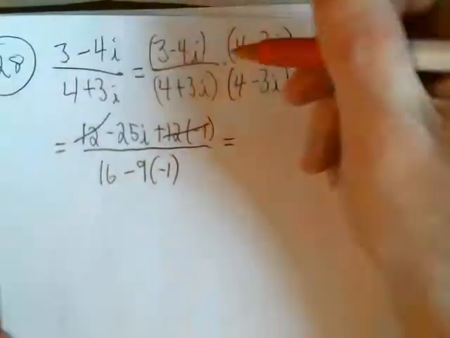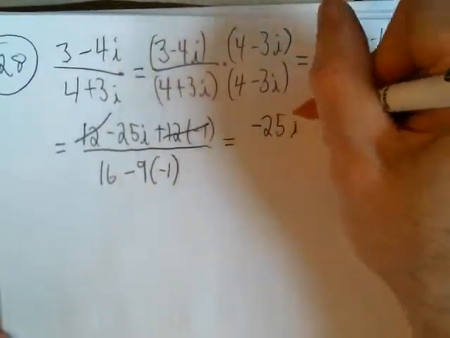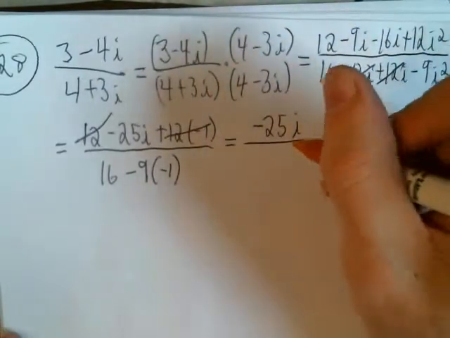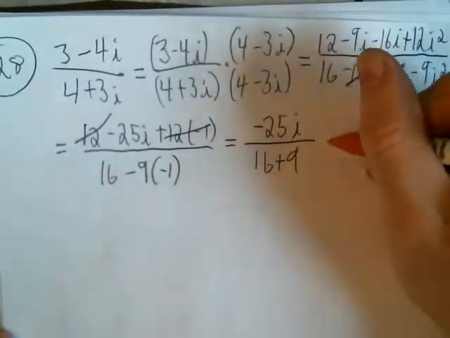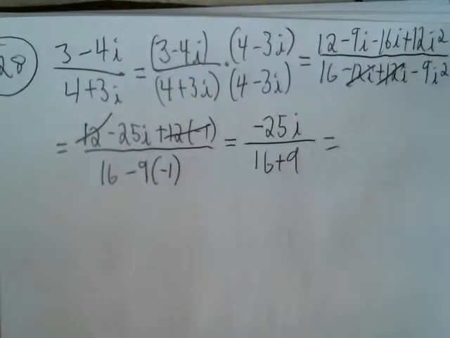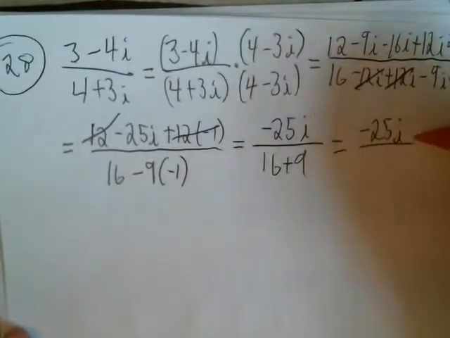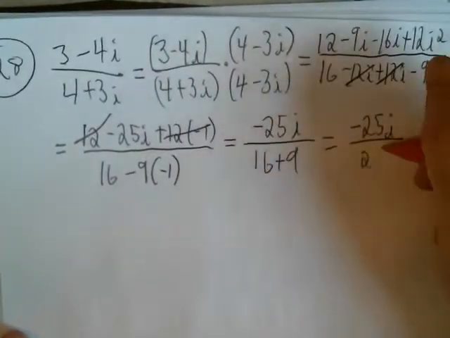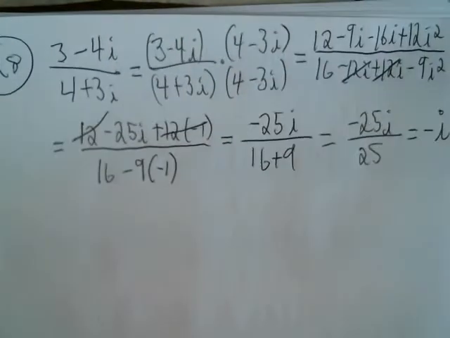So, oh wow, those cancel out, really? That seems too good to be true. Negative 25i upstairs, and downstairs I'm just left with 16 plus 9. So it looks like we don't have a real part this time. Negative 25i all over 25, which will be negative i. So the 25s canceled.